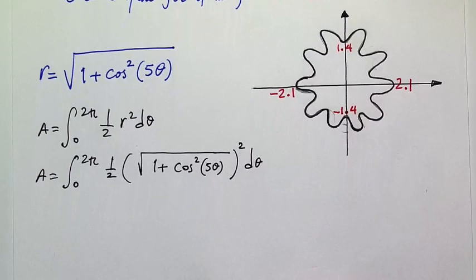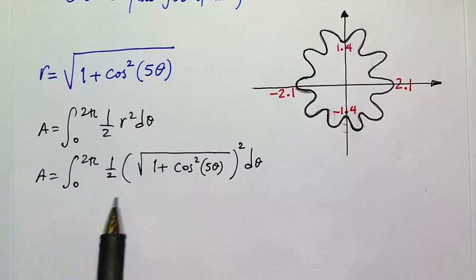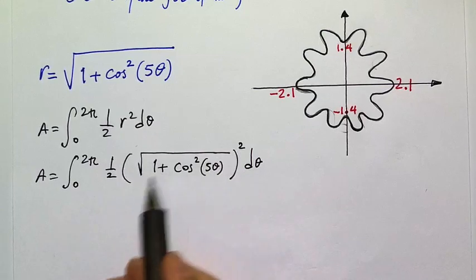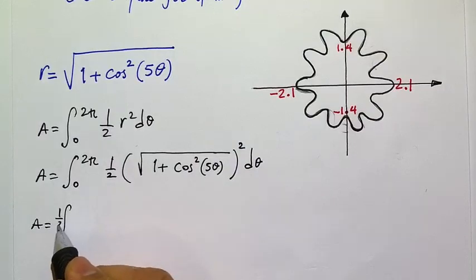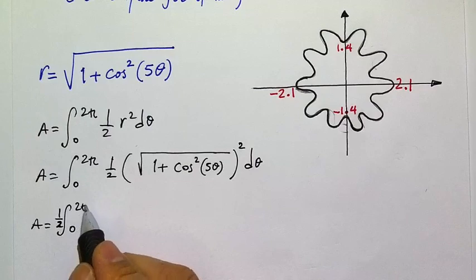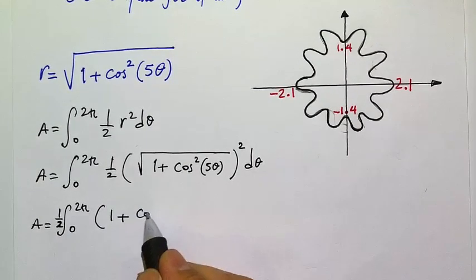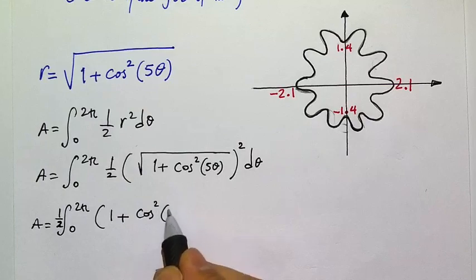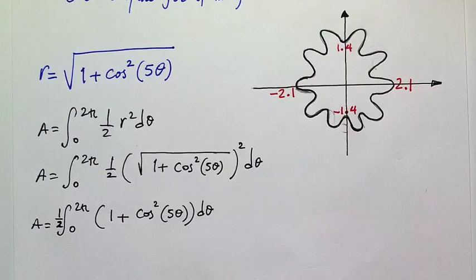Okay. All right, so in the next step, we're going to simplify that to just 1 over 2 integral from 0 to 2 pi of 1 plus cosine squared 5 theta d theta.